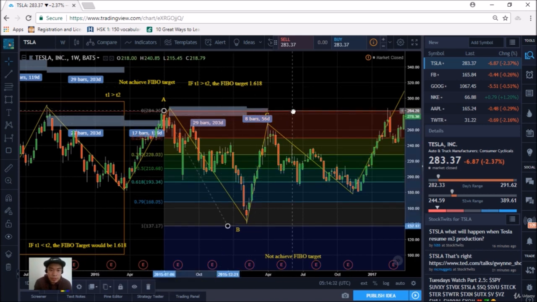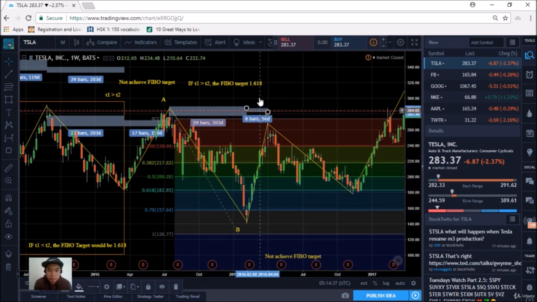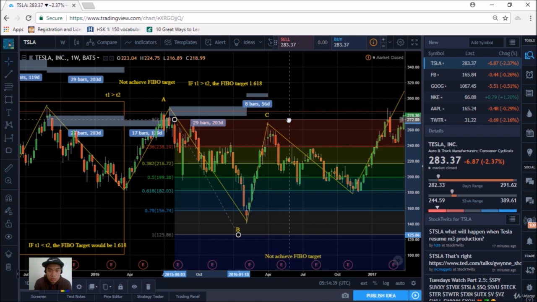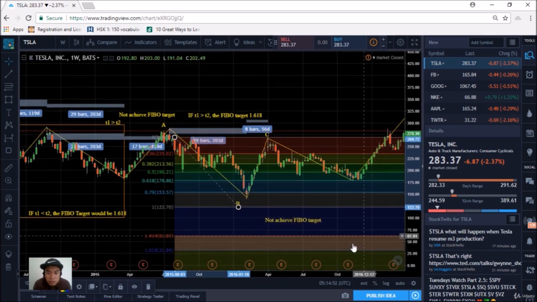Now you measure here. What you can see is point C, and 1.618 is way below here. Am I right?